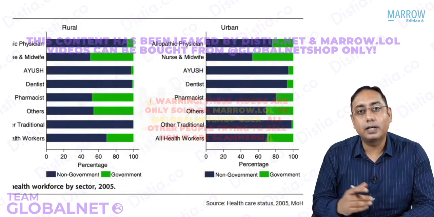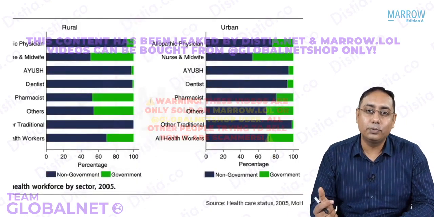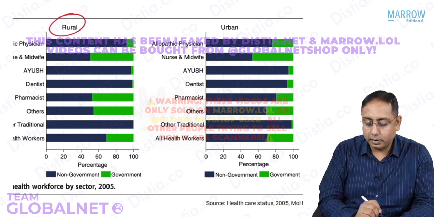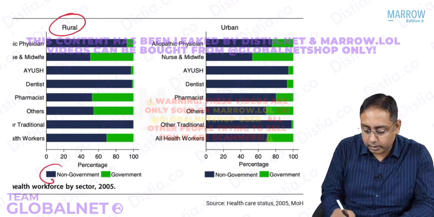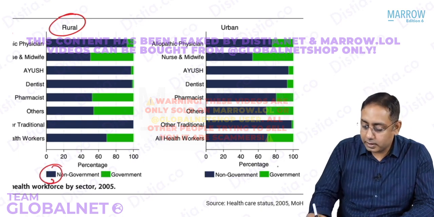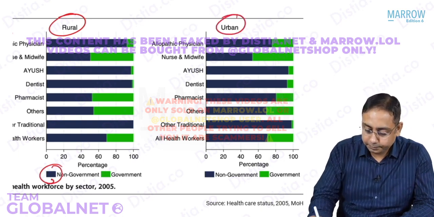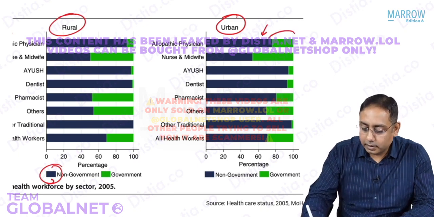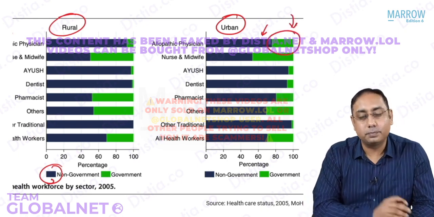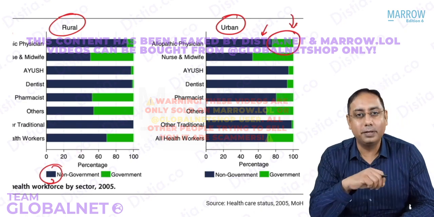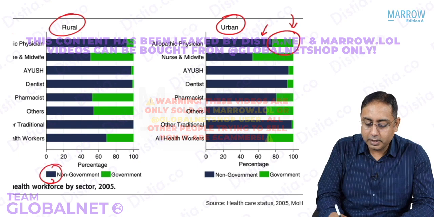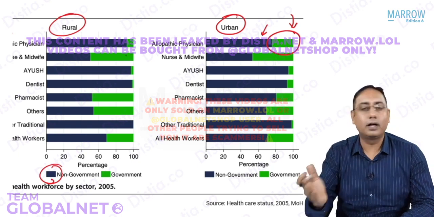Also, if you talk about the type of doctors which were available in year 2005, you can see that in rural areas, more allopathic physicians were there in the non-government sector. Whereas in the urban areas, allopathic physicians were fewer in the non-government sector. The government allopathic physicians would be more in the urban areas, and so on. You can see that nurses are more predominantly half government and half non-government.